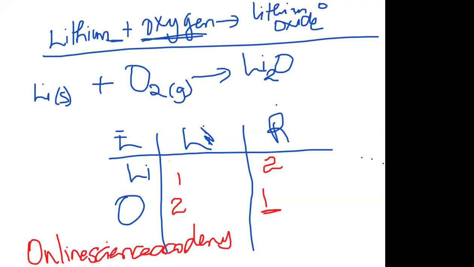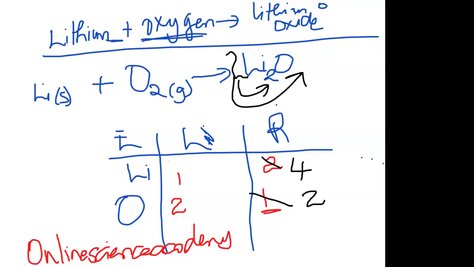Before the arrow, like so. Before the compound. So let's go. For the lithium oxide, 2 multiplied by 2 lithium gives me how many lithium? 4. 2 multiplied by 1 oxygen gives me how many oxygen? 2.